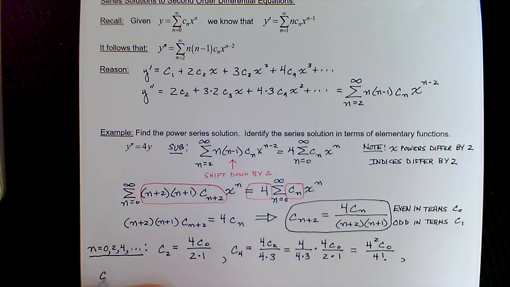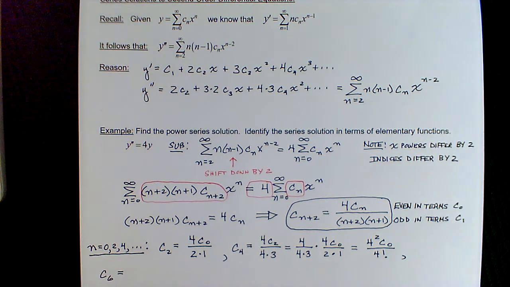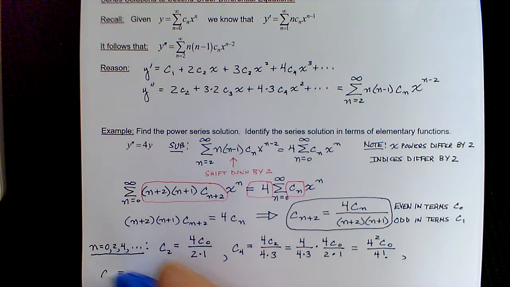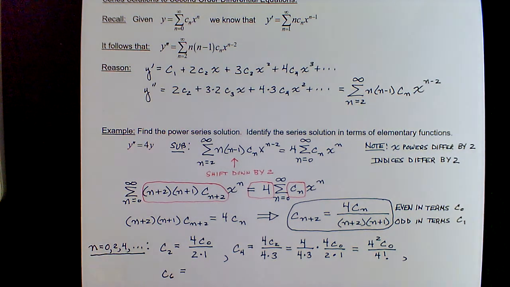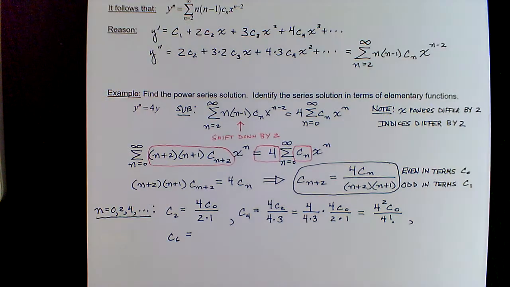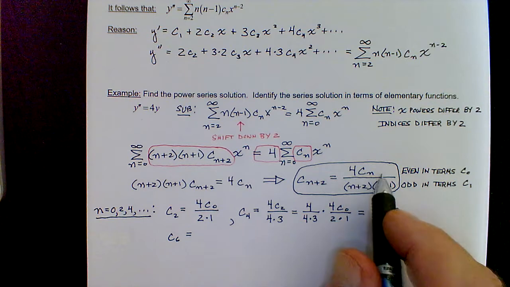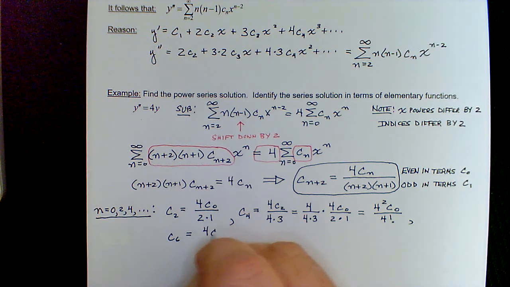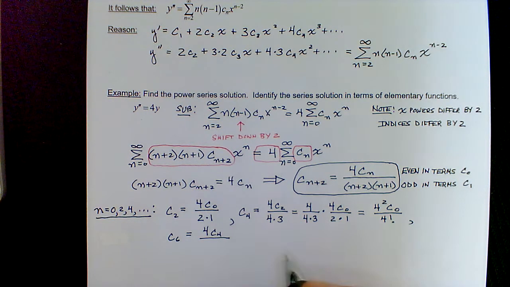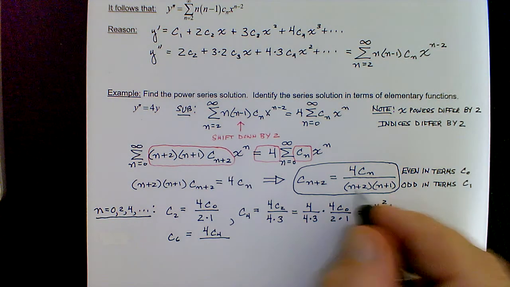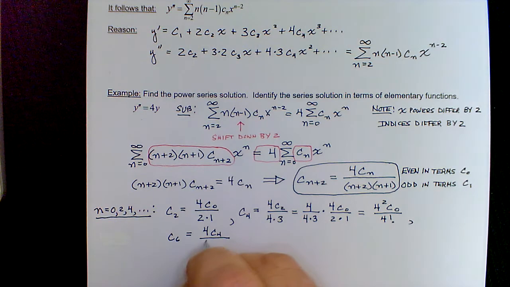Okay, at least we'll need c sub 6. And that might actually be sufficient. So let me go here. For c sub 6, that would be when n is 4, so that's going to be 4c sub 4 over, n is 4, that would be 6 and 5.